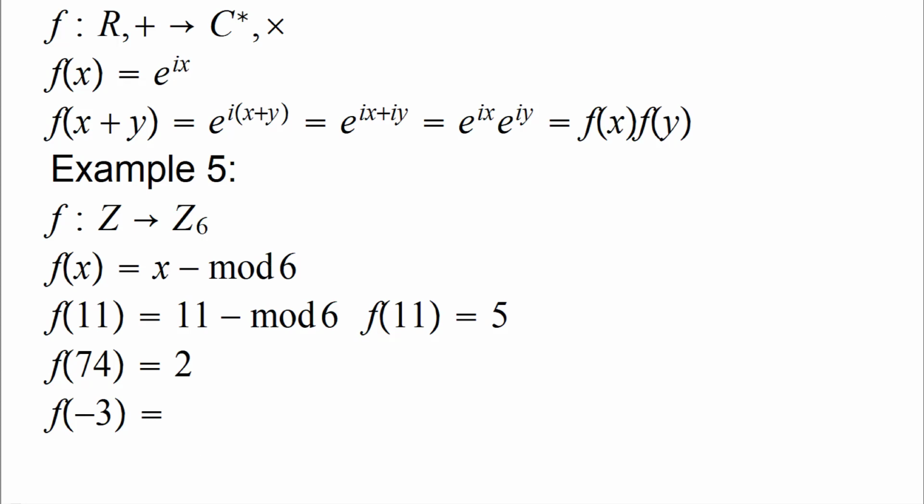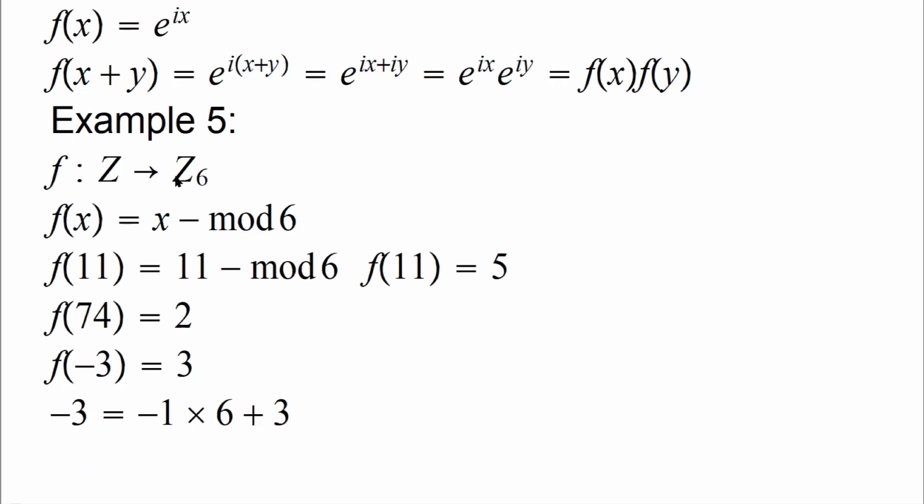So since the remainder has to be positive, we can write negative 3 as negative 6 plus 3, so here we took negative 1 as quotient and 3 is the remainder. So that's a 3.